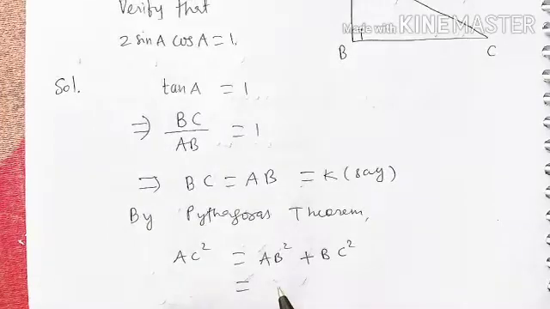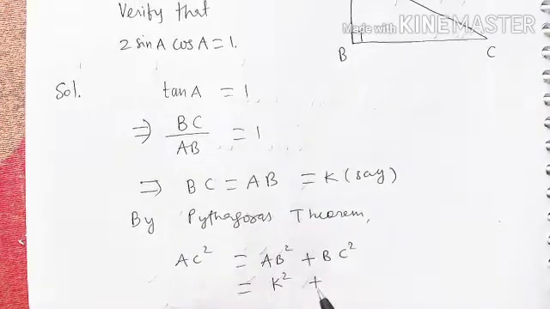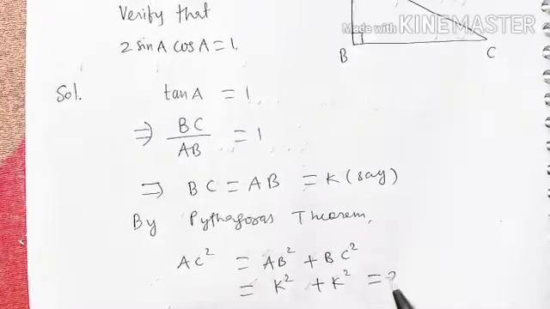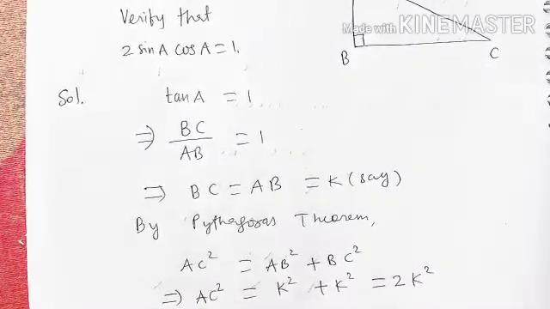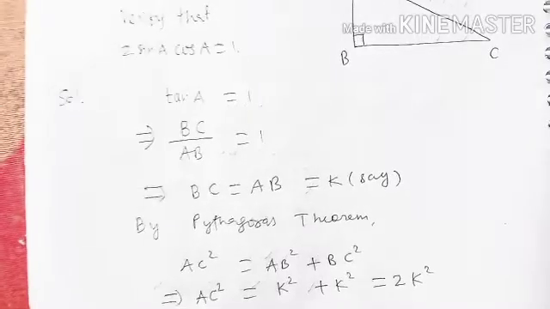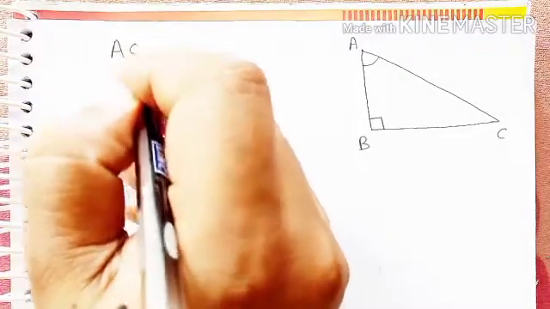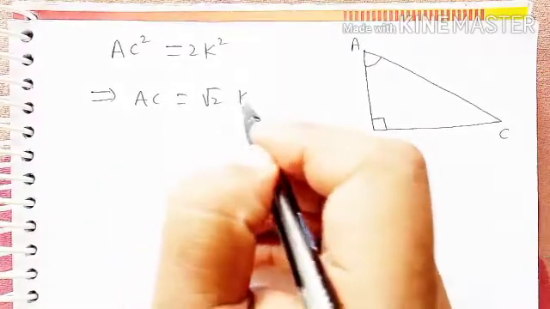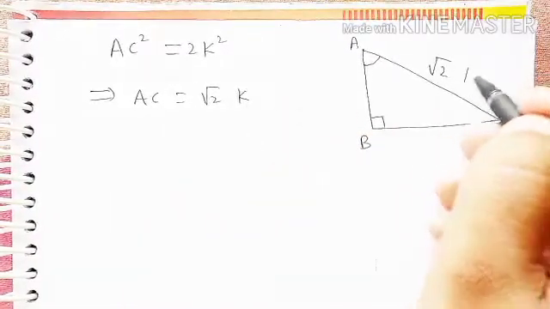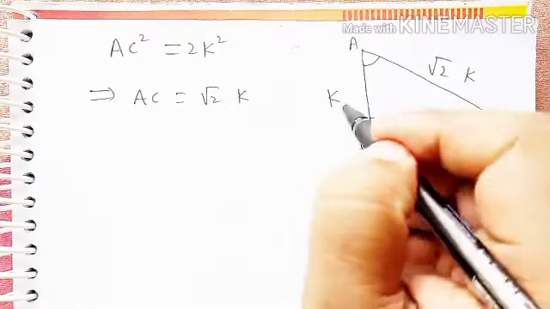So we have AB is K, so K square plus K square, this is 2K square. We have AC square as 2K square. This implies that AC is equal to root 2 K. So this is root 2 K, this is K and this is K.